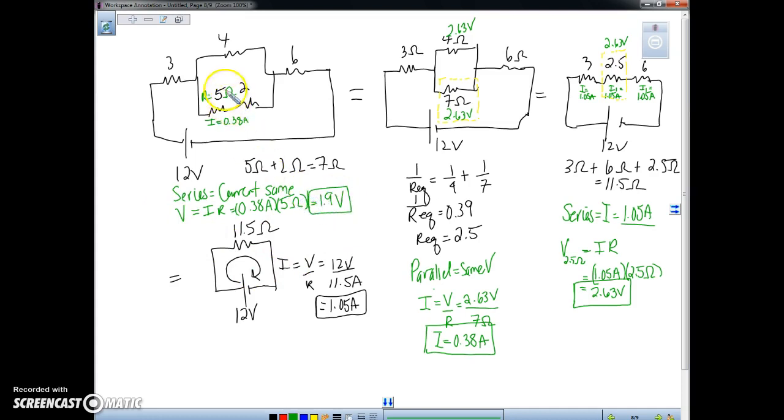The problem says what's the current or voltage drop at this location. So officially, I'll write the answer in red right here. The answer to this problem is the 5 ohm resistor experiences a 1.9 volt drop right there and has a current of 0.4 amps.